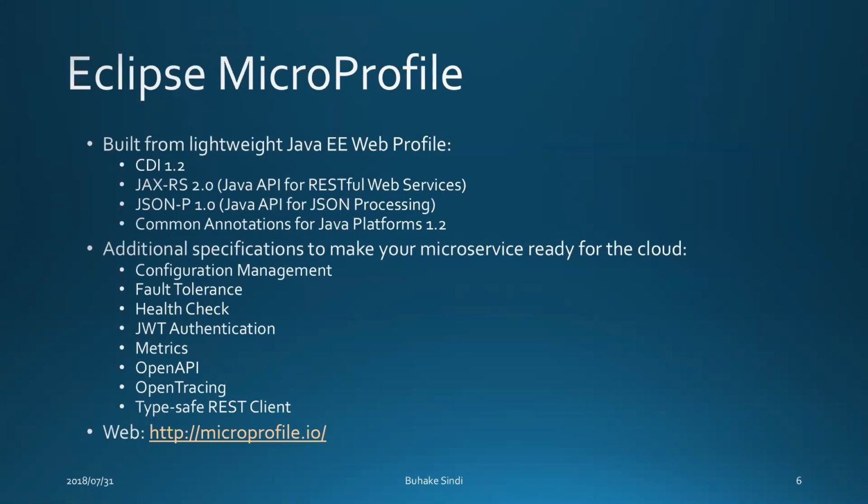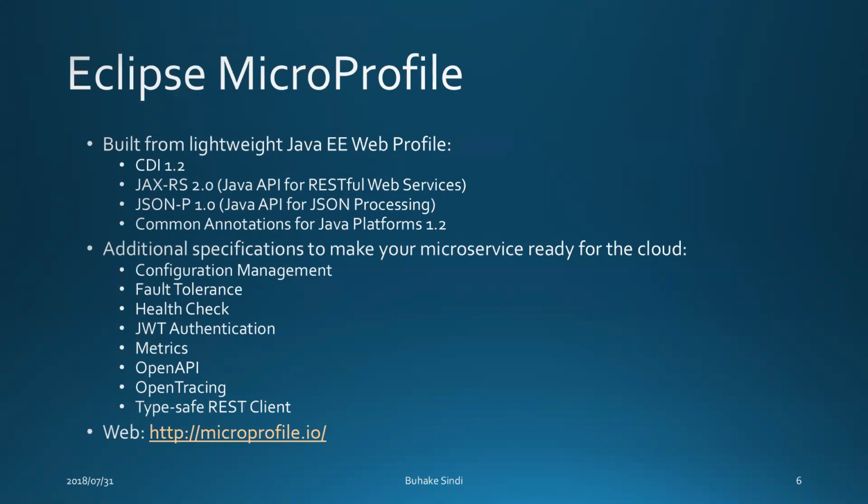You can use it on the existing Java EE API, but Java EE 8 will include it as well, in the newer release. The common annotations are also included in there.